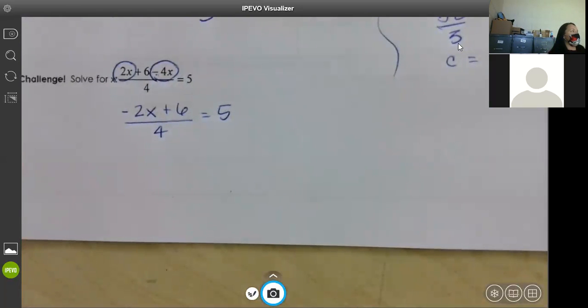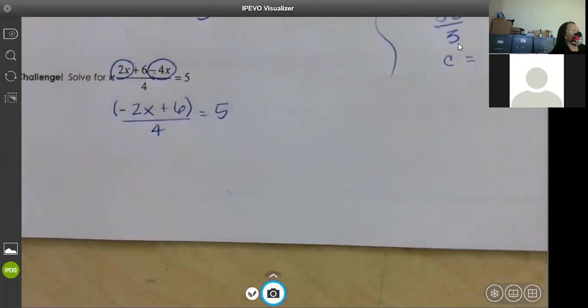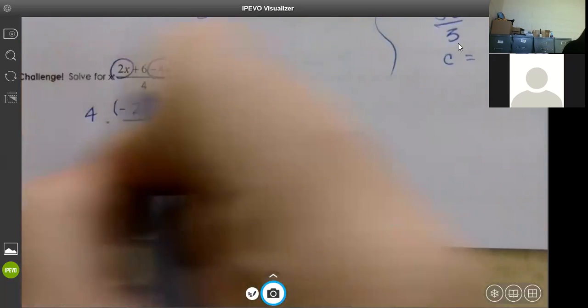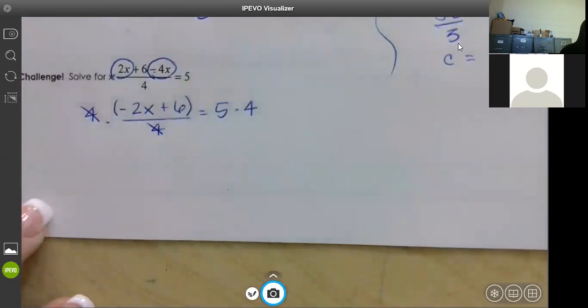Now you're going to work it the same exact way. We're solving for x. What's on the same side but not with it? Remember, these are together on the top. So what is not with the x? The 4. How do we get rid of a divide 4? Times 4. Perfect. So we're going to mark those 4s out.